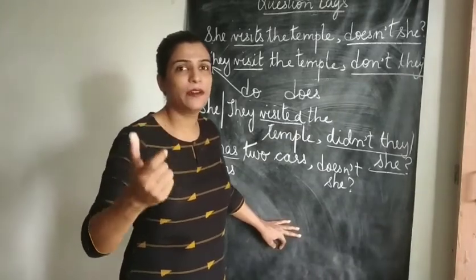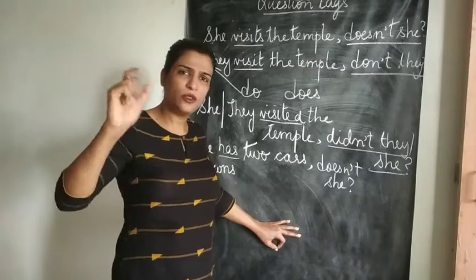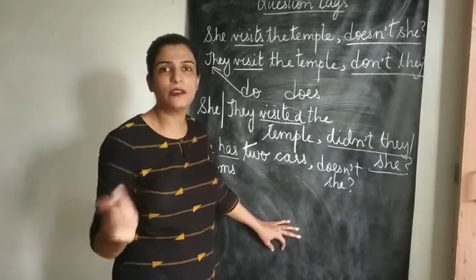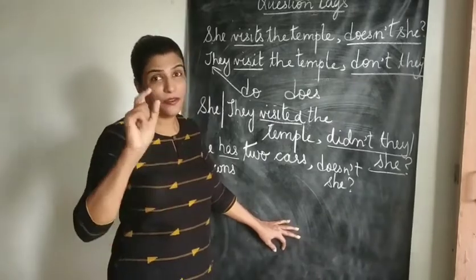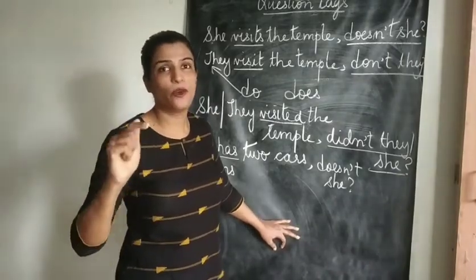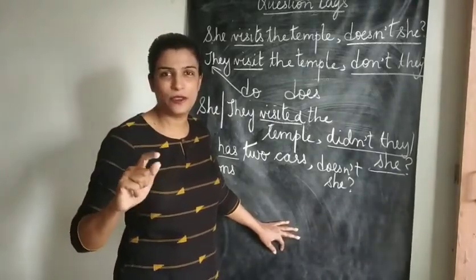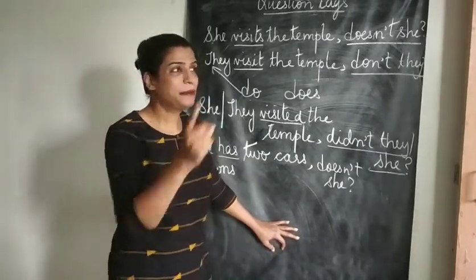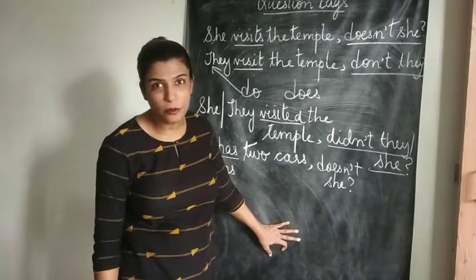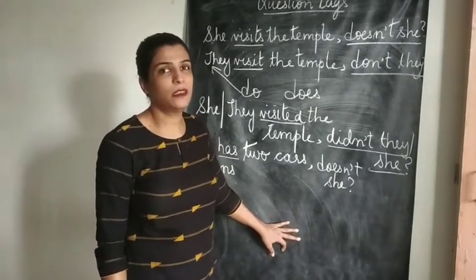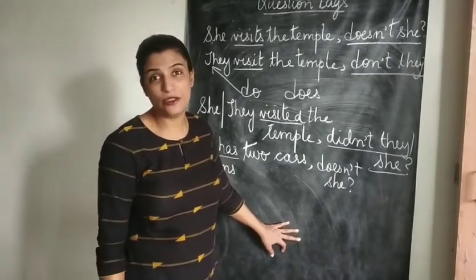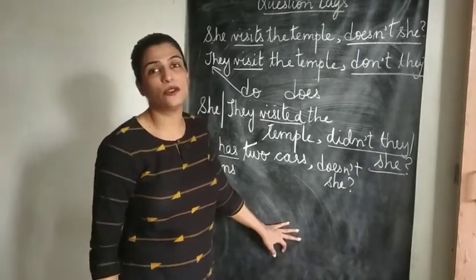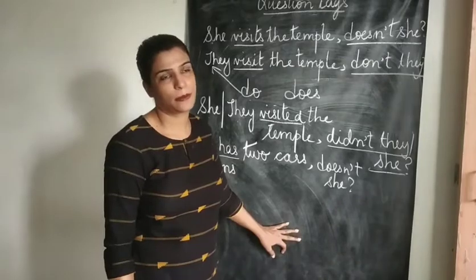If they have a verb attached to it, then go with the normal form of the question tag, positive, negative, negative, positive. But if the word has or have over there means that we are talking about ownership, then please come back to the simple present tense formula. That is, if it's a singular subject, I will write doesn't she, doesn't with the pronoun, and plural, I will write don't with the pronoun.